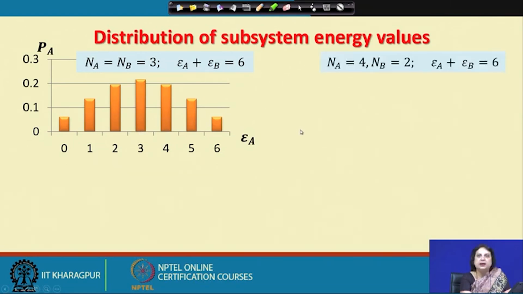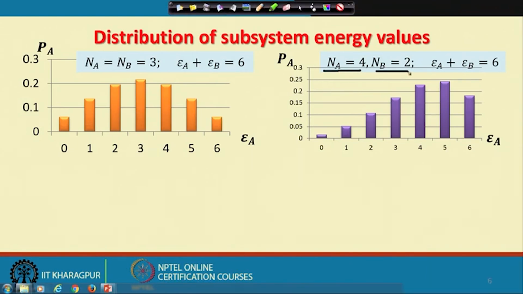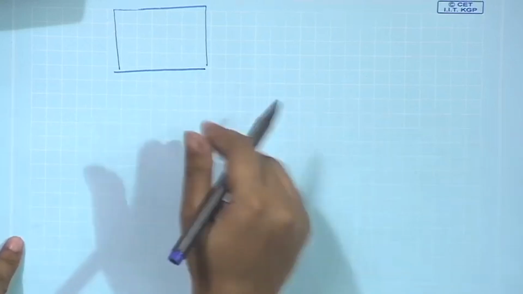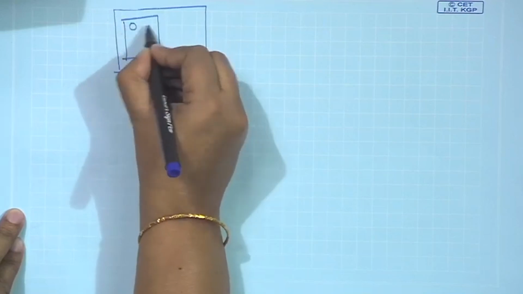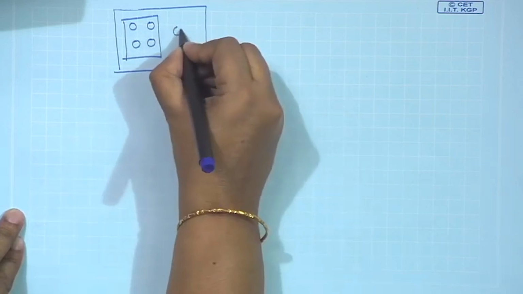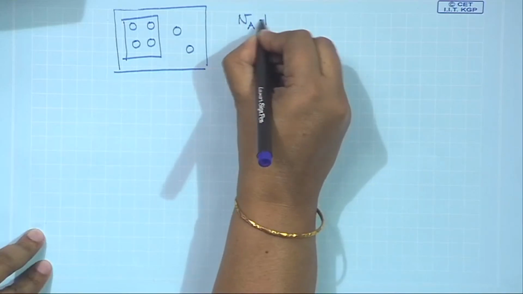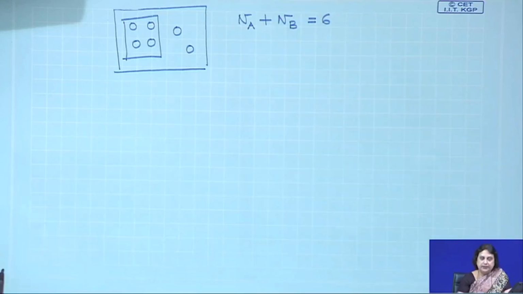Now, let me have some other case study where I am taking Na equal to 4, Nb equal to 2. So, in the subsystem A I now have 1, 2, 3, 4 oscillators, and in the subsystem B I have only 2 oscillators.